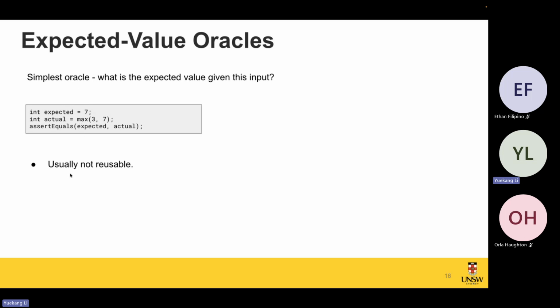So this type of oracle is usually not reusable, because if we change the input value here, this expected output may also need to change. So we need to think about how we can extend this to cover multiple test cases, right? But we will cover that later on in some other types of oracles. Here, this one doesn't generalize, so it lacks completeness.